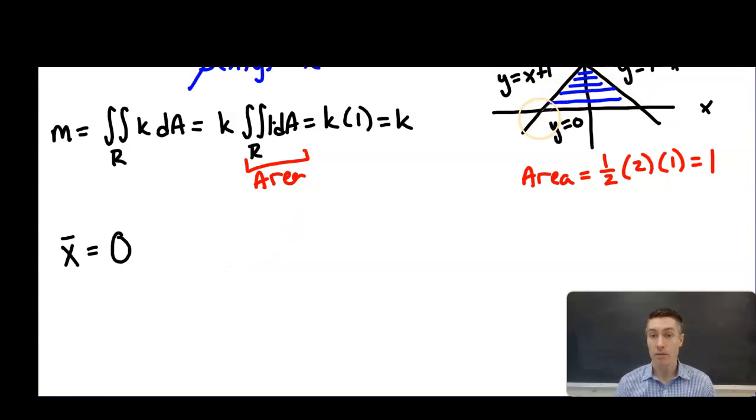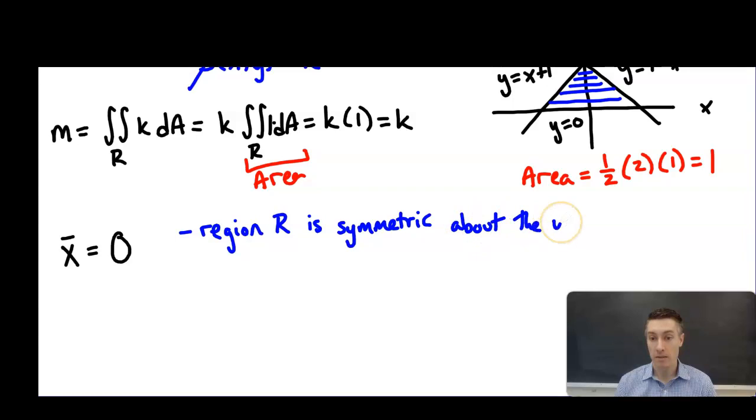First, the region defined by this lamina is symmetric about the y-axis. Right, so region R is symmetric about the y-axis.